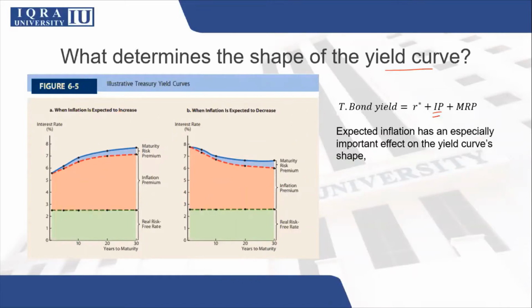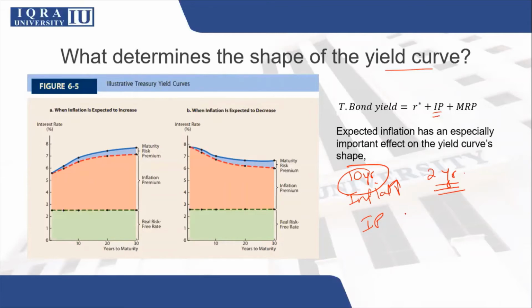Now remember that the inflation premium is the average level of expected inflation over the life of the bond. That means that if you have a 10-year bond and, let's say, a 2-year bond, and the expected inflation is that over the next 10 years the inflation rate is going to be very high, then automatically the inflation premium on the 10-year bond is going to be more than the 2-year bond, because it is the expected inflation during the whole 10 years.